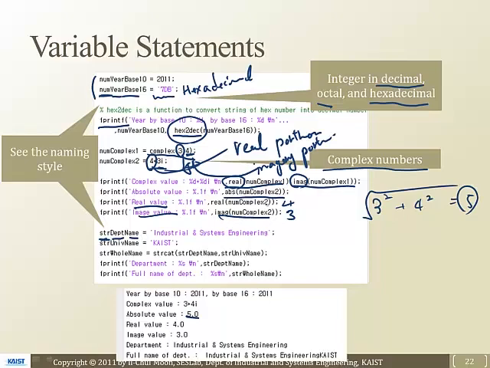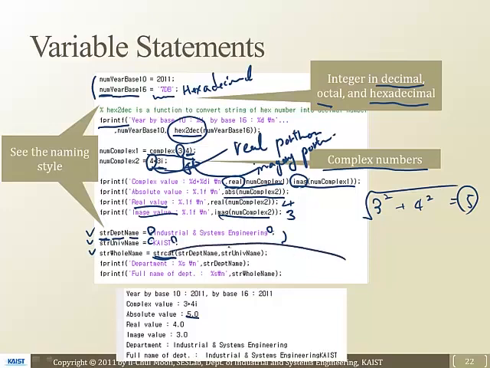And then, we already have seen how to specify string values and how to assign string values to string variables, like this. String values use single quotation marks to specify the range of the string value: Industrial and Systems Engineering, KAIST. And here, what we are doing is string concatenation.